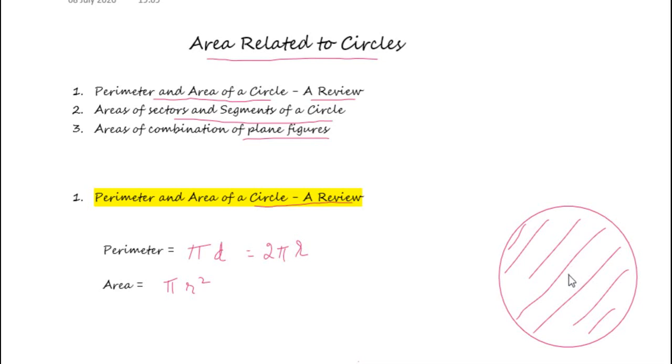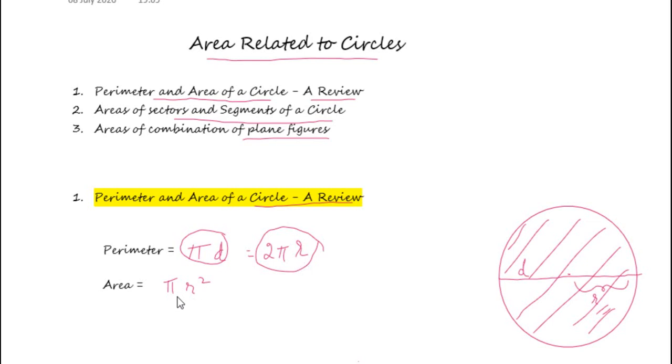Now in this module we are going to look into perimeter and area of circle. If you have a circle with diameter d, or just the radius r, then the perimeter is pi into d, but we know diameter d is equal to 2r, so perimeter is also equal to 2 pi r when you represent in terms of radius.